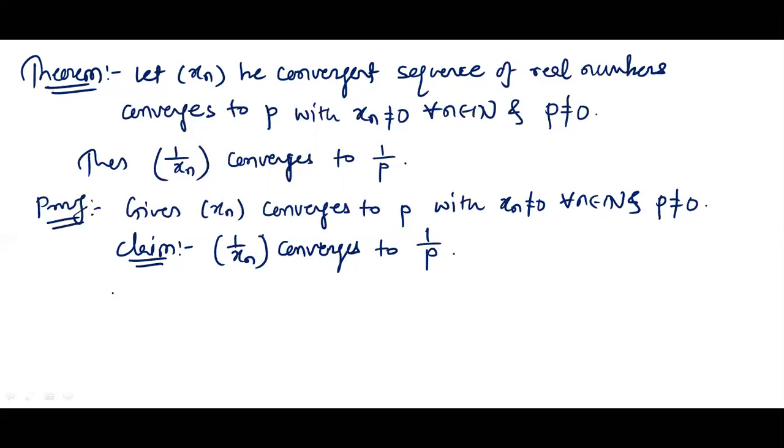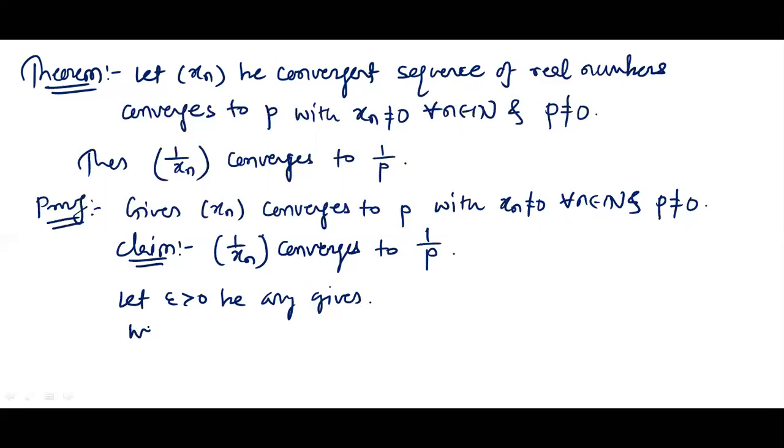Okay, means we have to find a natural number n node. Let epsilon greater than 0 be any given real number.